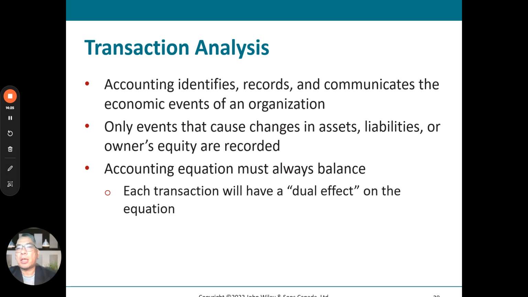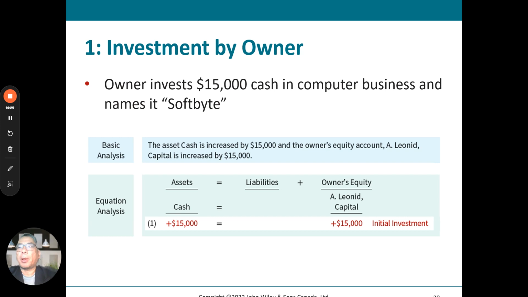Example here, the first example. Owner invests 15,000 cash in a computer business named SoftByte. The basic analysis: the asset cash increased by 15,000 and the owner's equity account increased by 15,000. Look at the equation analysis. Cash plus 15,000. Owner's equity increased by 15,000. Okay? That's the first example.